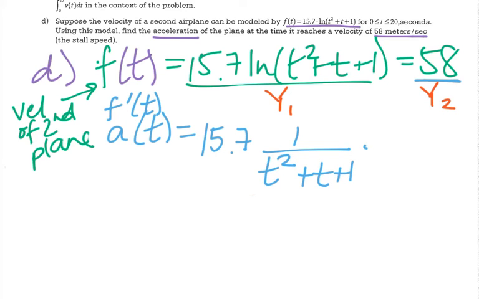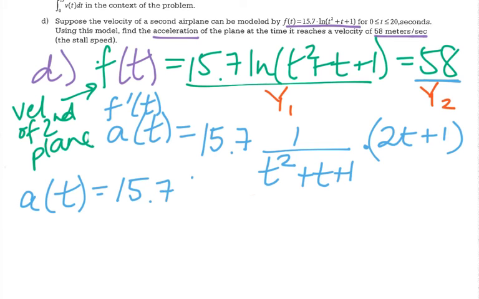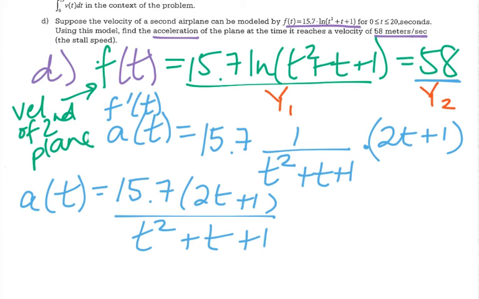But we have to use chain rule and then also multiply by 2t plus 1. Okay, so a of t equals 15.7 times 2t plus 1 over t squared plus t plus 1.